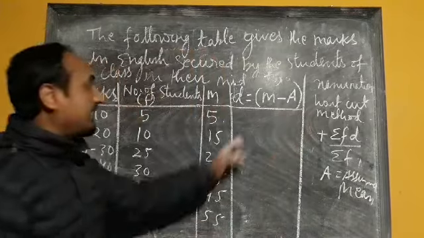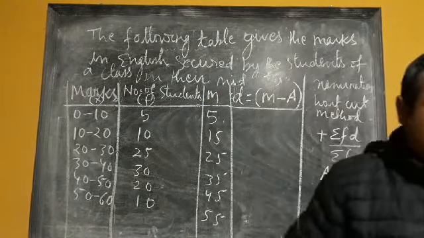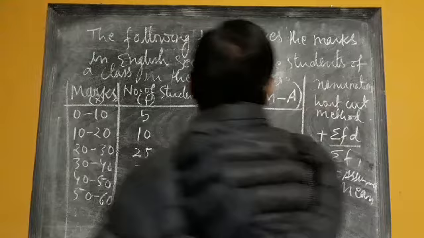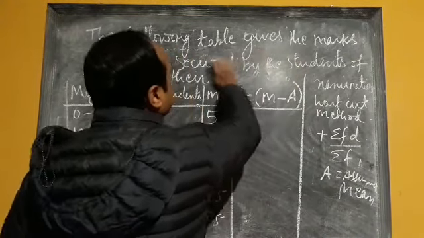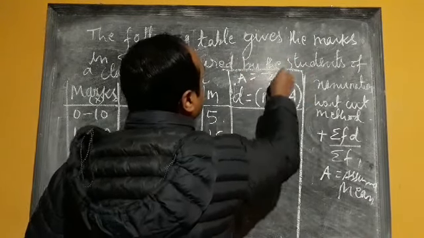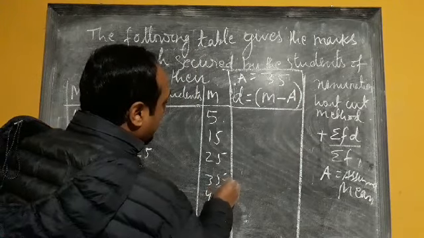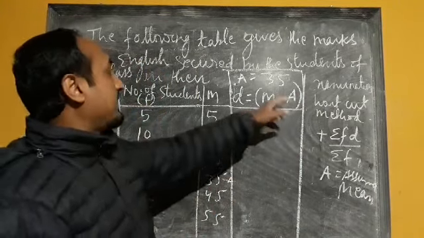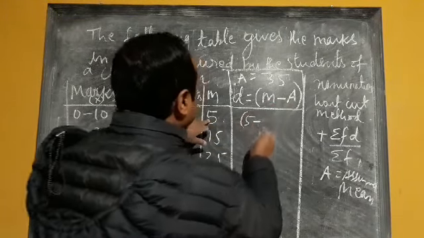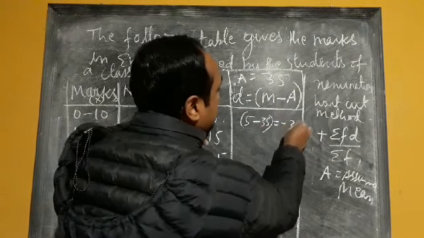Now we have to calculate the value of d equals m minus a. We can consider any value as our assumed mean. Here let's consider a equals 35. This 35 is our a, the assumed mean. Now m minus a: first m we have 5 minus a, which is 35, we get minus 30.